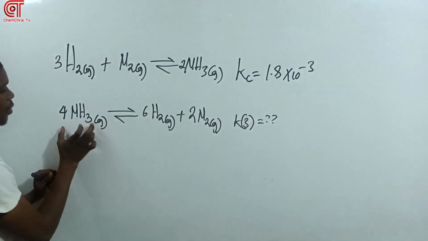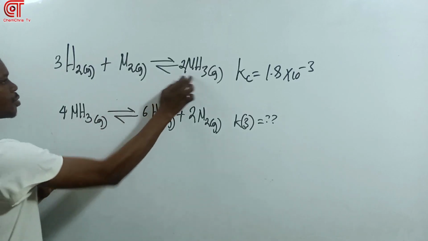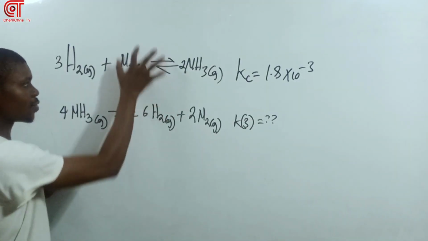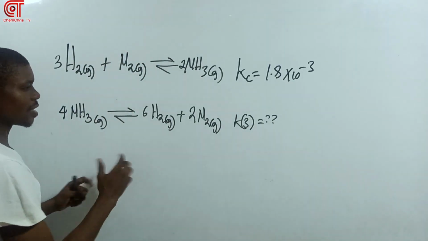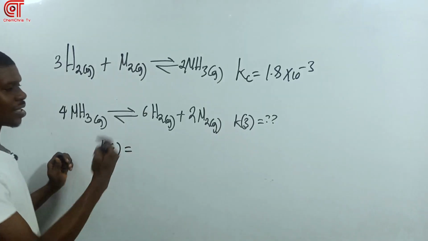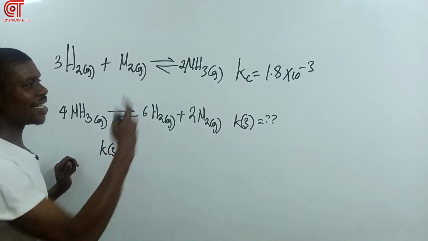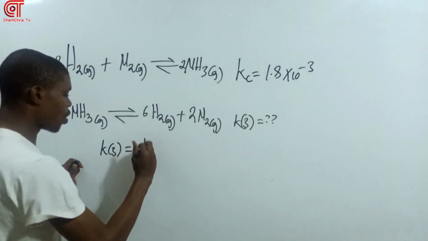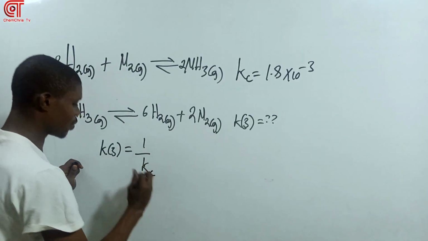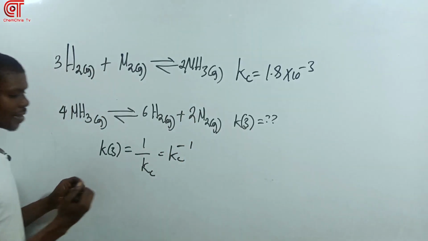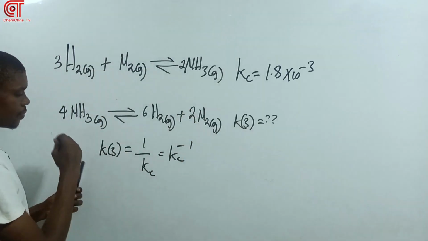If not, this reaction is reversed with respect to this one. So my K3, remember when a reaction is reversed, it is going to be the inverse of that reaction. So here it will be 1 over Kc, which is also Kc raised to the power minus 1. This is the first thing we want to do here.